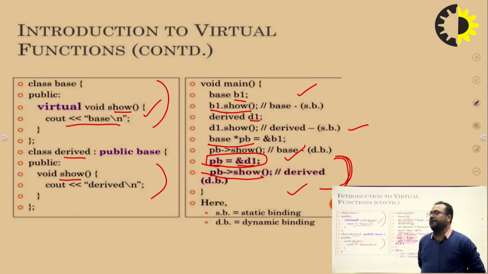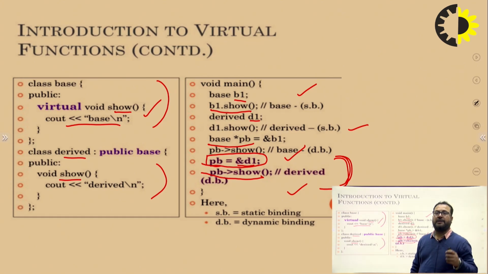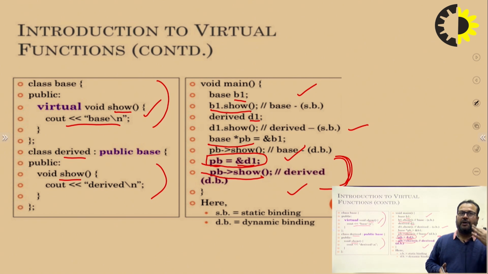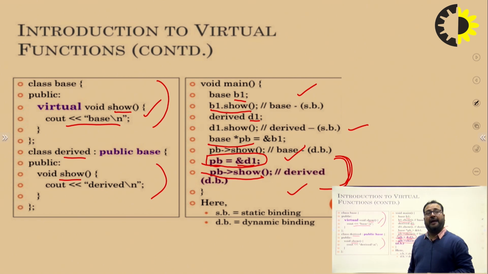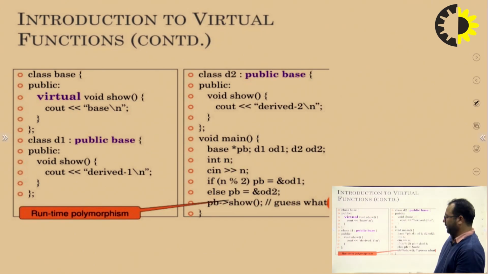So, this is what we are trying to achieve. Runtime polymorphism happens because we are assigning the pointer of the derived class, so the function of the derived class should execute. This can be done by simply writing the keyword virtual in the base class.